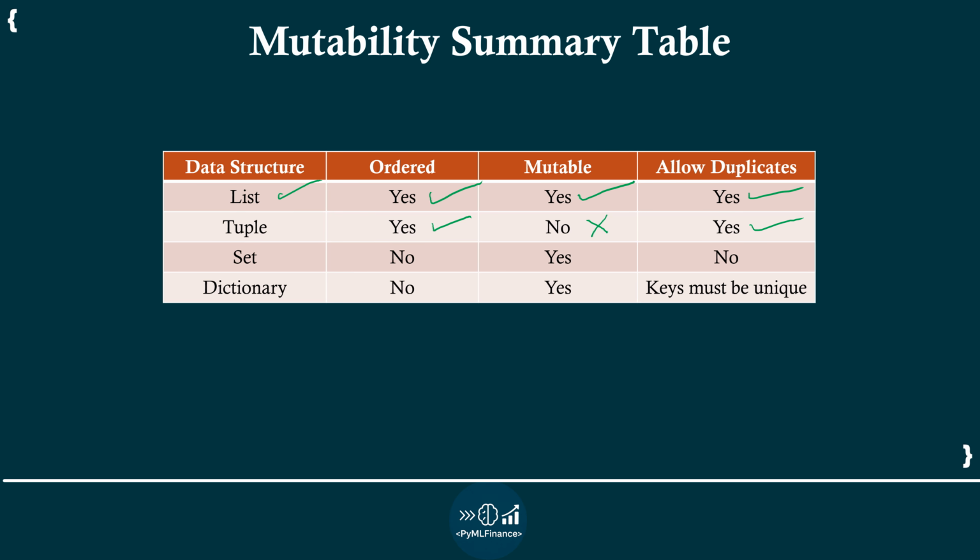A set is an unordered data structure, but it is mutable. You can change the data within a set, and it does not allow duplicates. In dictionaries, data is unordered. It is mutable, and the values are always key value, and hence the key should always be unique.